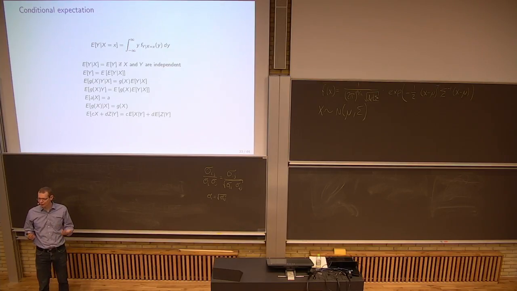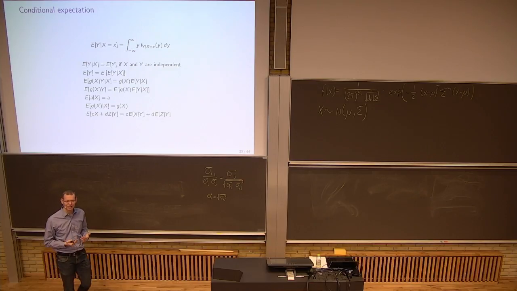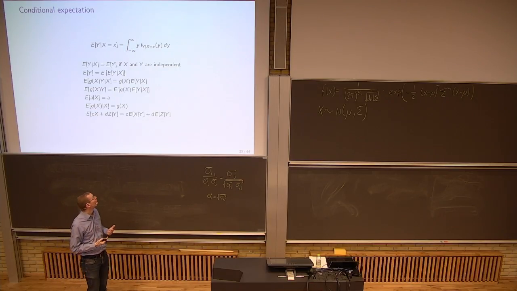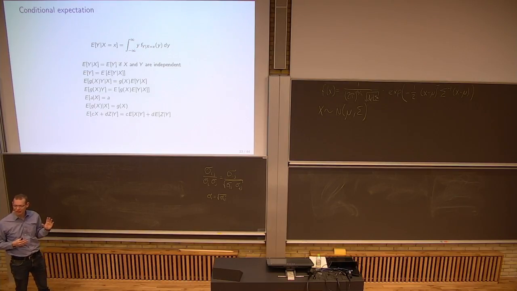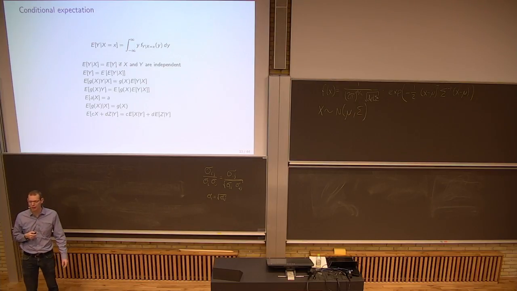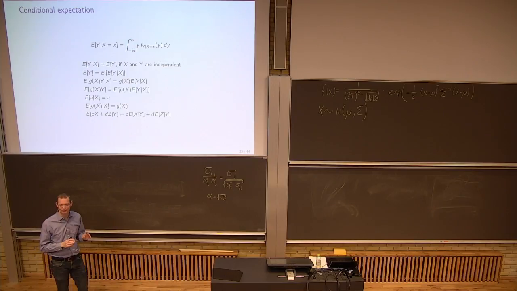That's the definition, so mentally that's fairly straightforward. Some of the others are very intuitive, and some of them take a little bit of thinking. If x and y are independent, then the expectation of y given information about x is just the expectation of y. Okay, that one, we're happy.